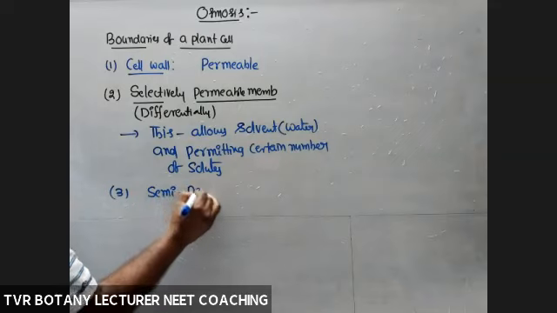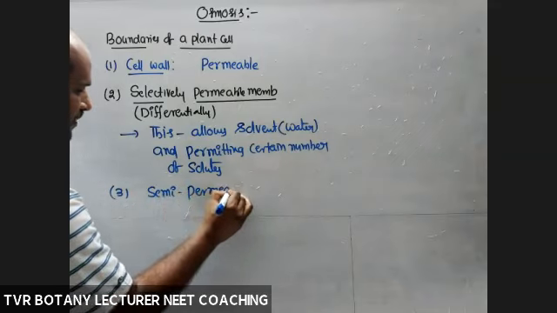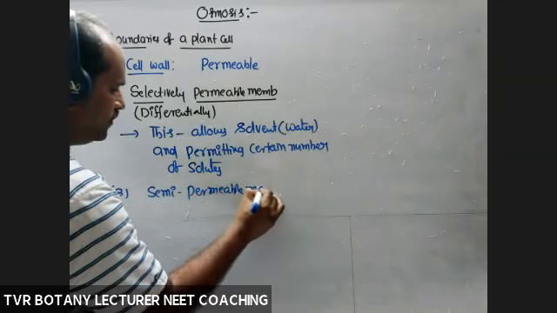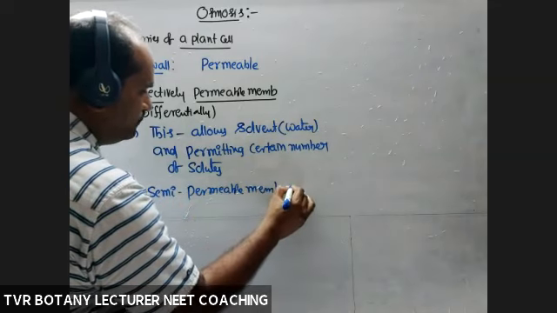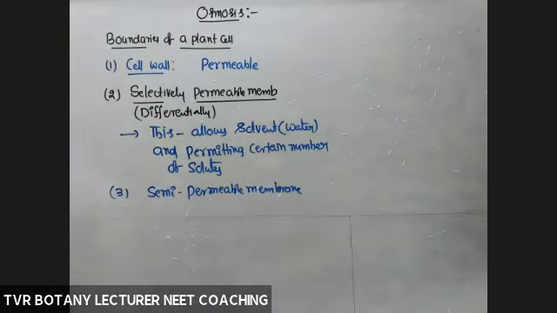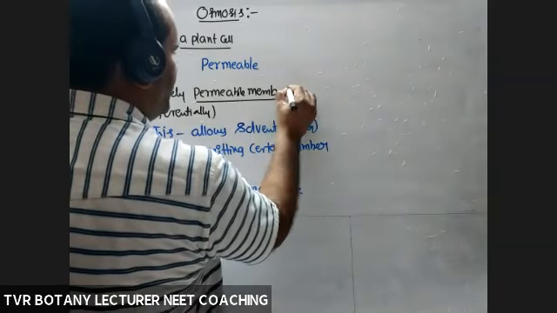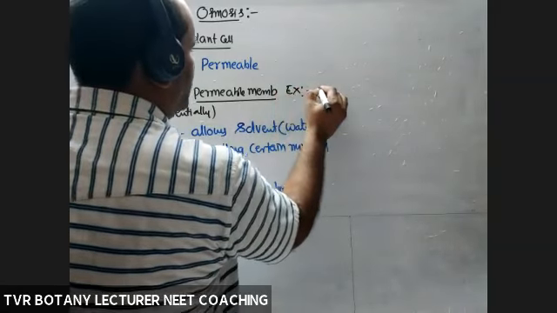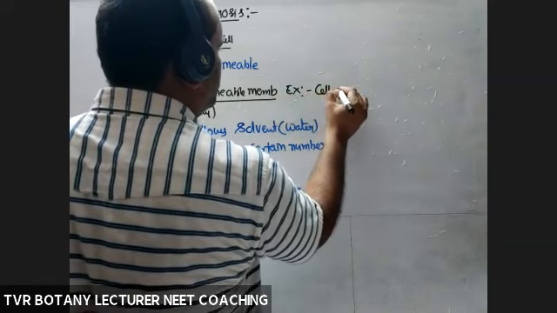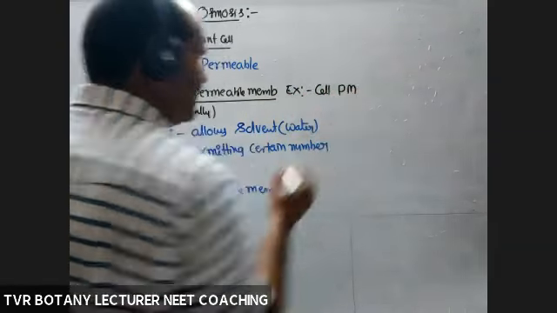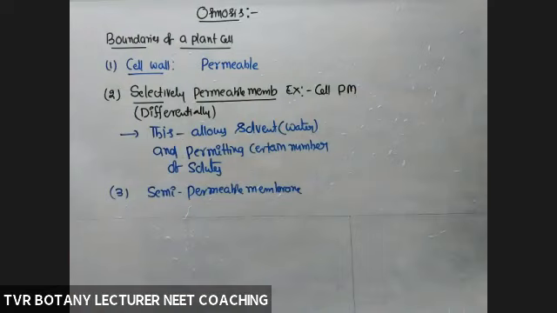And third one, semi permeable membrane. Here you can take an example, the cell plasma membrane of the cell.